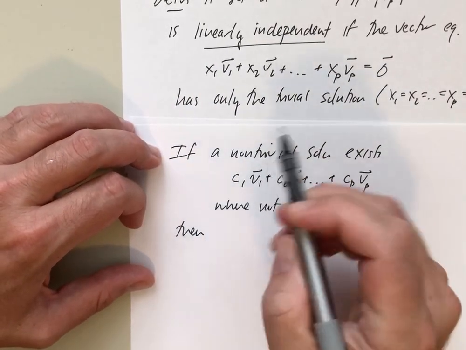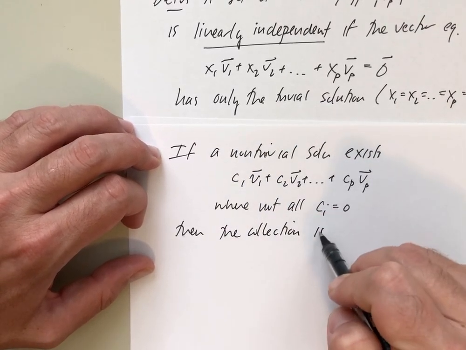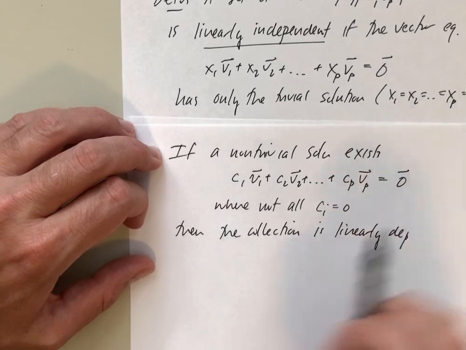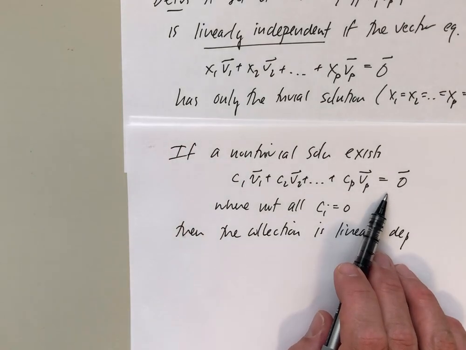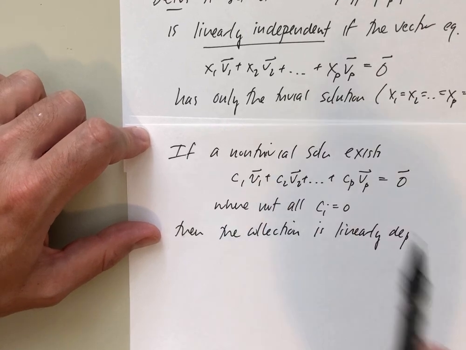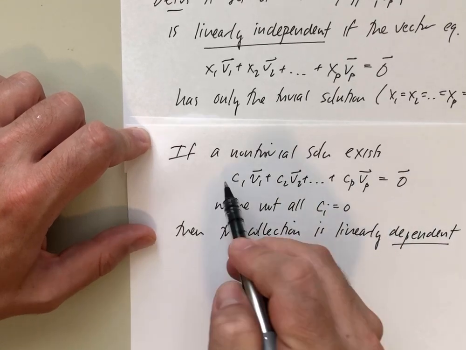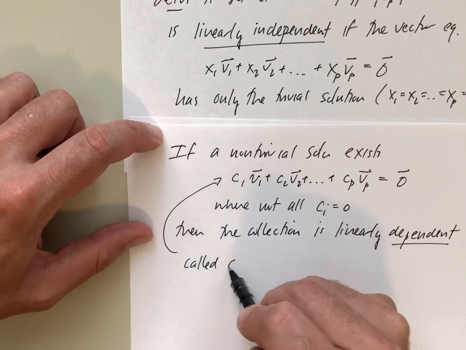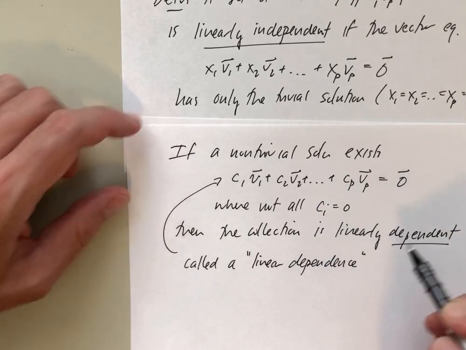Then we say the collection is dependent. A non-trivial solution will be some choice of weights where you make a linear combination and it equals 0, and yet not all of those weights are 0. Some of them could be 0, but at least one of them has to be 5 or -2 or something. So we say in that case that it's linearly dependent. And this thing here is called the linear dependence. So that will be a non-trivial solution to that vector equation.